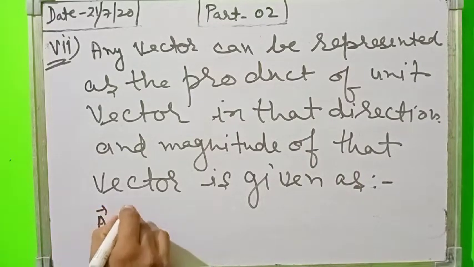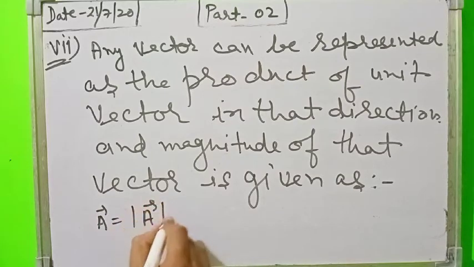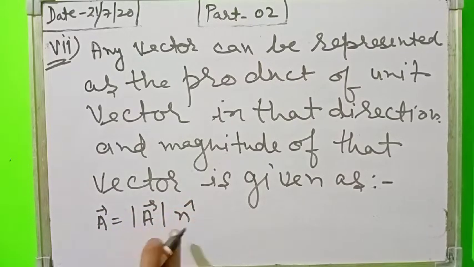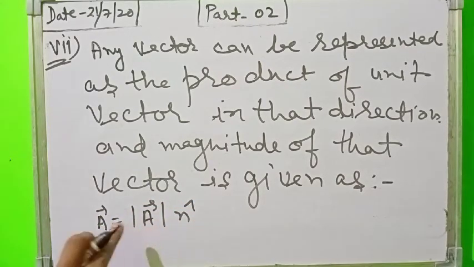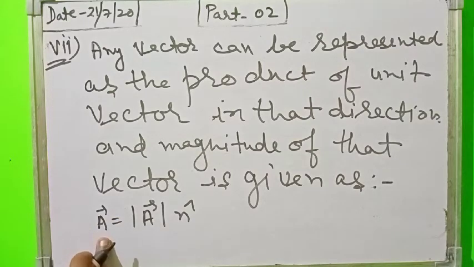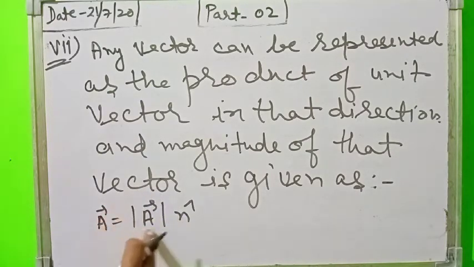Vector A is equal to magnitude of vector A into unit vector. If there is a vector A, then its magnitude is multiplied by a unit vector along its direction, then it gives the vector.